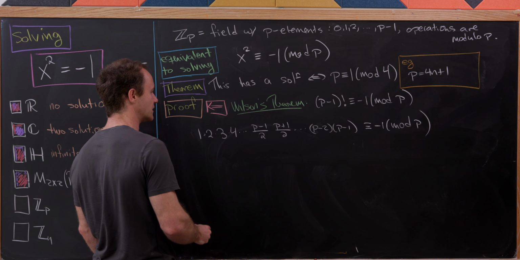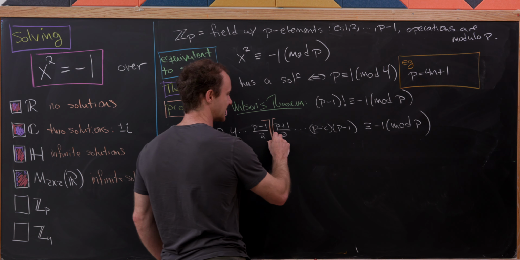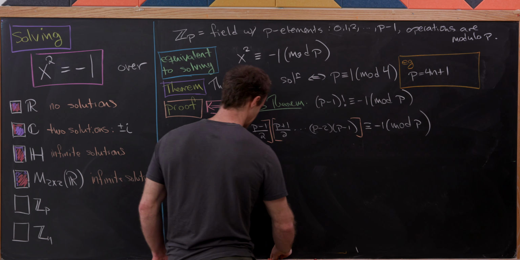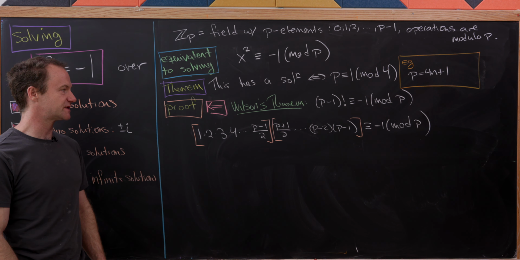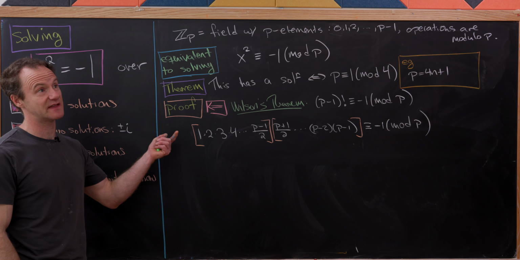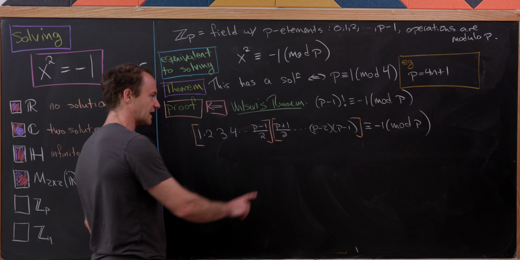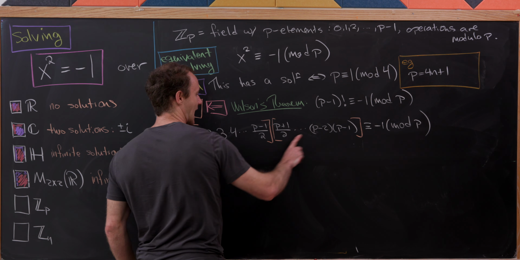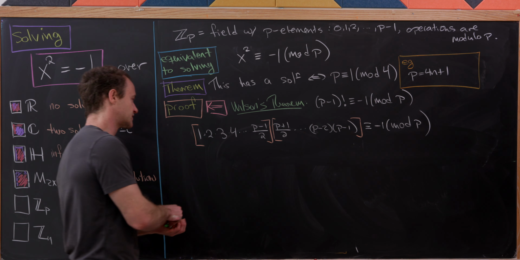And now I'm going to do a little bit of grouping. So I'm going to group these and these. So I know that those are exactly halfway grouped because p-1 is even because p is odd. I guess I should have said that p is an odd prime here, but I think that's okay. And then we can replace everything out on this right-hand term with its negative. So let's do that.